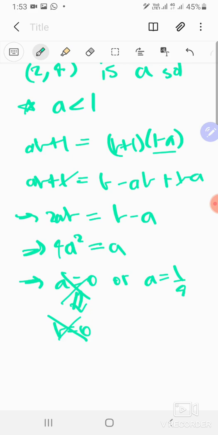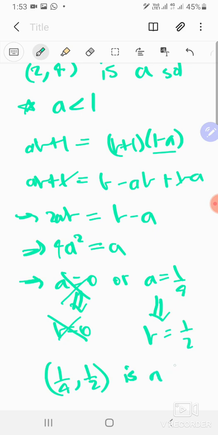And a equals 1 by 4 will give me b equals 2 times that, which is 1 by 2. So 1 by 4 comma 1 by 2 will also be a solution. Let's check if it's a solution first of all.